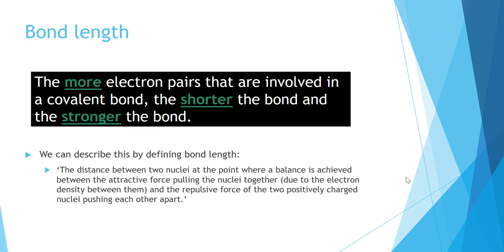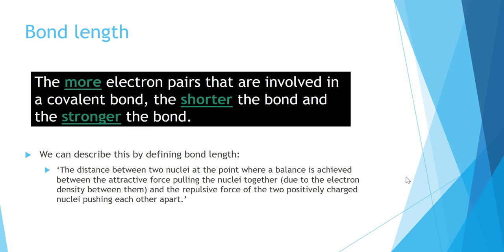So essentially what we're looking at here is when we relate this to bond length, the more electron pairs that are involved in the covalent bond, the shorter the bond and the stronger the bond. And when we're talking about electron pairs, we're talking about our bonding pairs. So this is essentially the distance between the nuclei where we get the best attractive force.